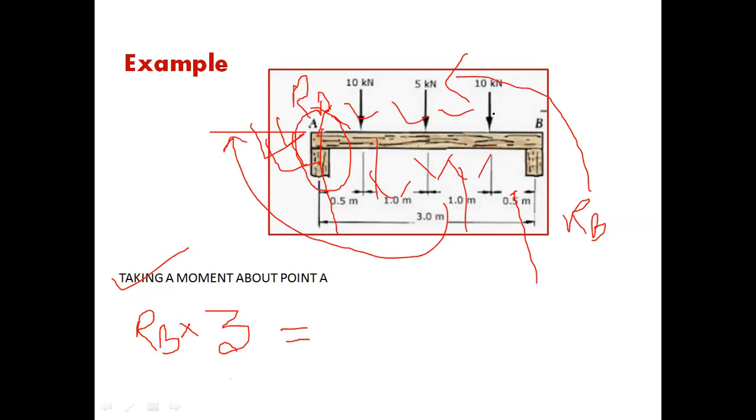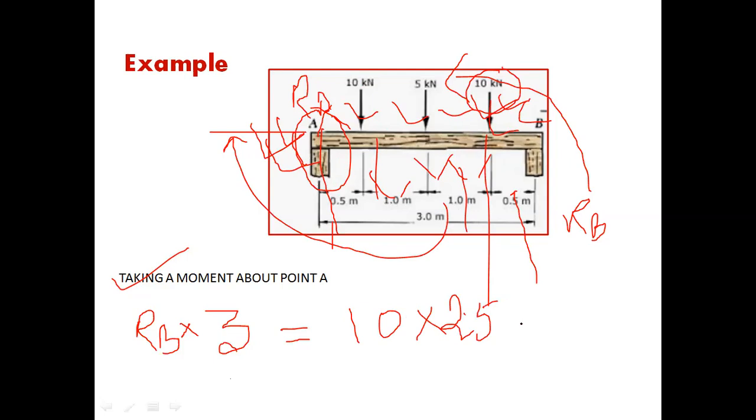Then this force, 10 kilonewtons, acts at a distance from point A equal to how much? You can see here, the distance of this 10 kilonewton force from point A is equal to 2.5. So we can easily write force into distance, 10 into 2.5.